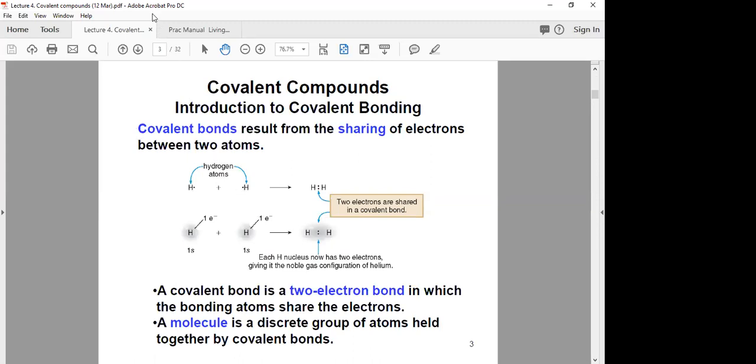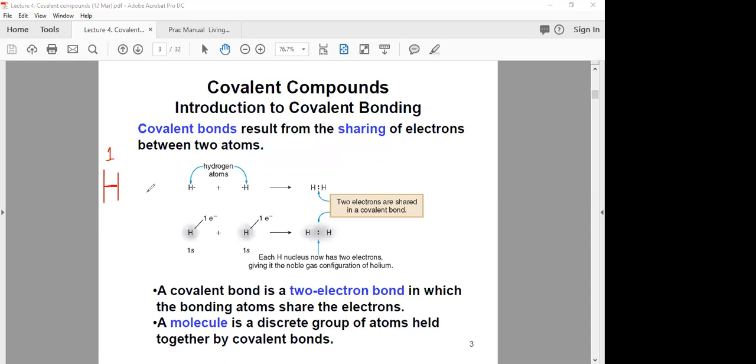But before we look at the bonding, I'd just like to illustrate something about hydrogen. Hydrogen on the periodic table has the number 1 above it. What does this number, the atomic number, tell us about hydrogen? Who remembers?